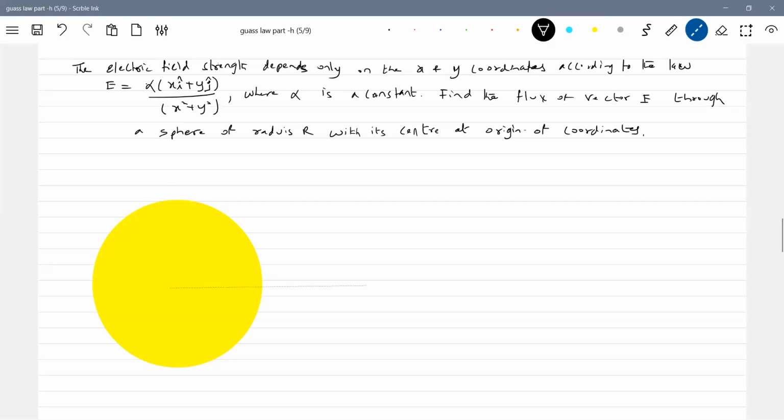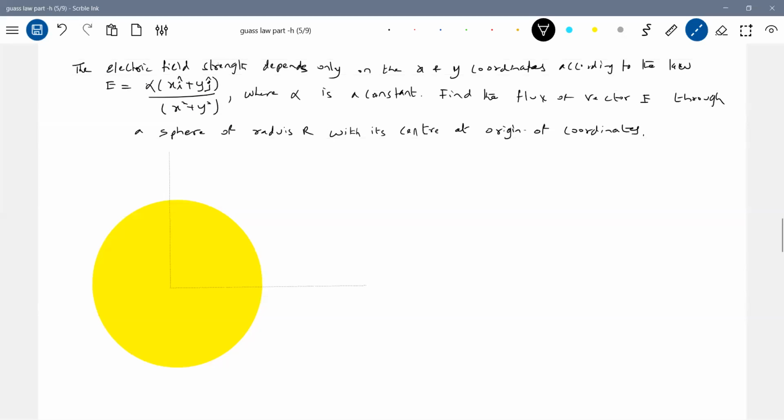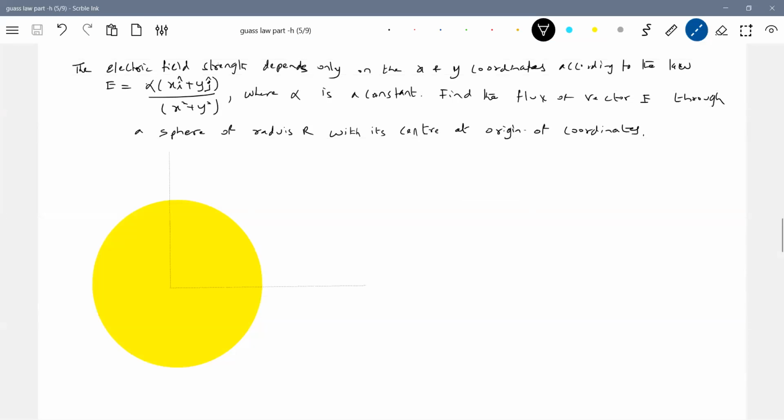This is the origin, we have chosen it like this. There's a sphere of radius r.